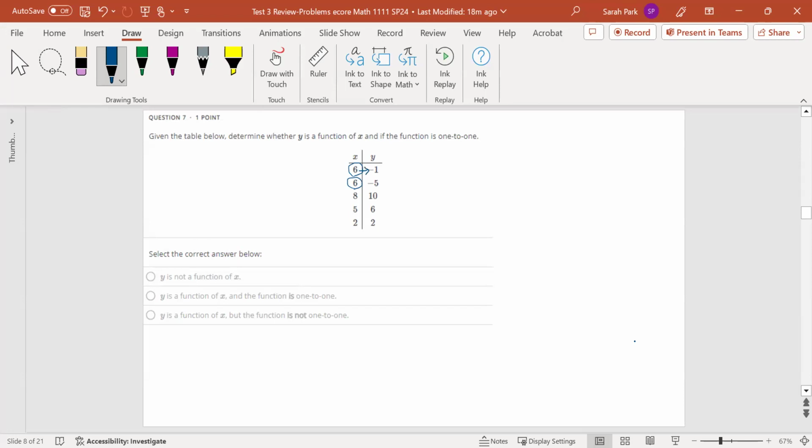So you see 6 is paired with negative 1 and negative 5, and for it to be a function, each x value can only have one y value. Because 6 has 2 y values, negative 1 and negative 5, we say y is not a function of x.